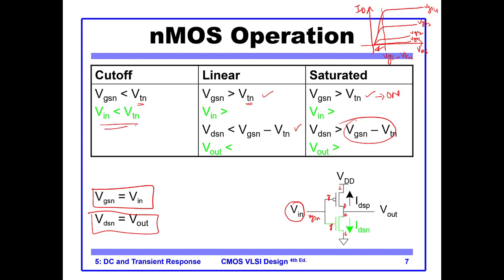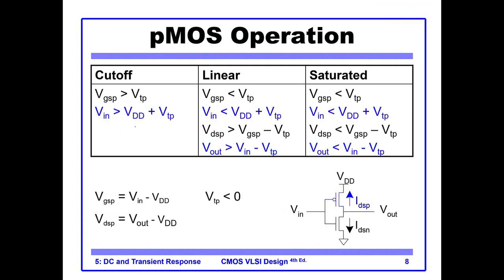This equation can be written like this, this, and this. These are just equivalent, because you are just replacing VGS with Vin and VDS with Vout. The same goes for PMOS, so it is the opposite of NMOS, and you can work out this table.